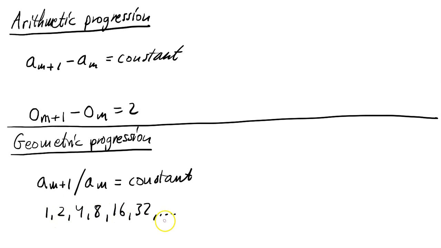You double each number. That's an example of a geometric progression. Because here you have, for example, 2 divided by 1, that's 2. Or 8 divided by 4, that's also 2. 32 divided by 16, and so on. So you take two consecutive numbers, then the quotient will always be 2. So that's an example of a geometric progression.